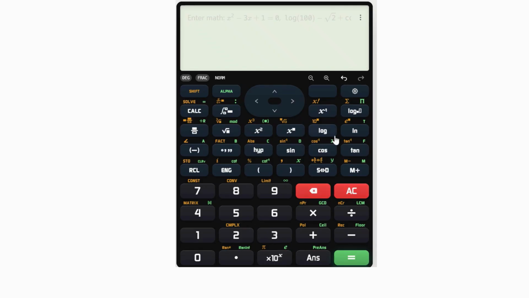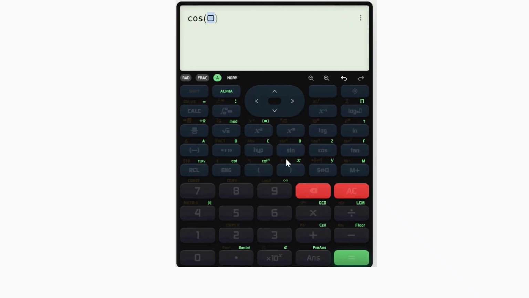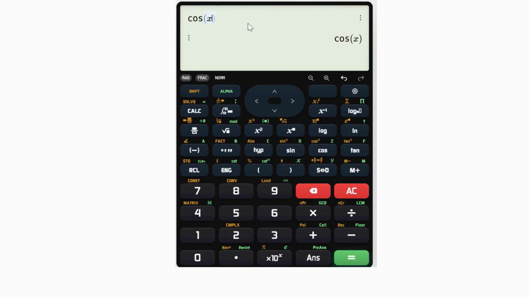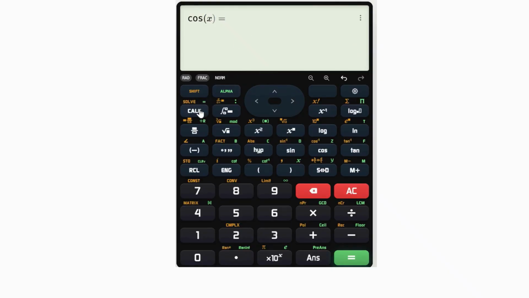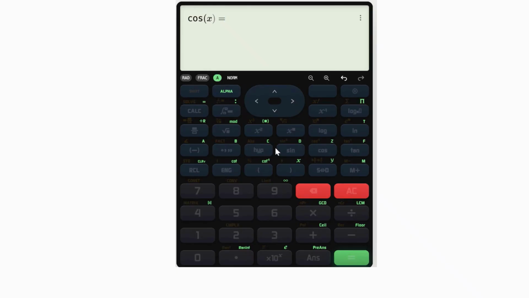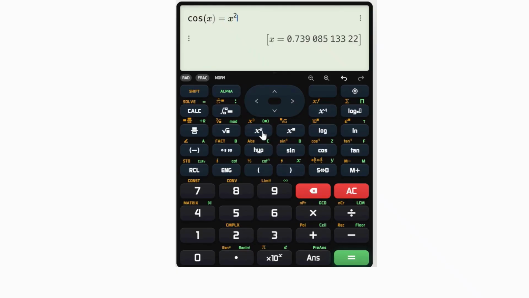So make sure your calculator is in the radian mode. It is degree here, so let's change to the radian mode. Once you change to the radian mode, let's equate cos x alpha calc x square, alpha x square.